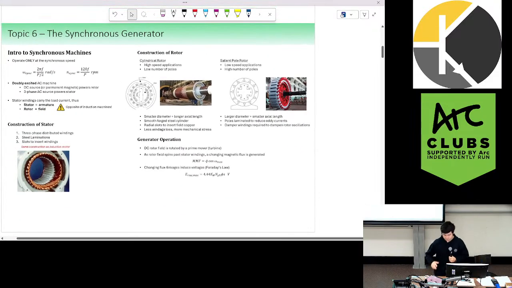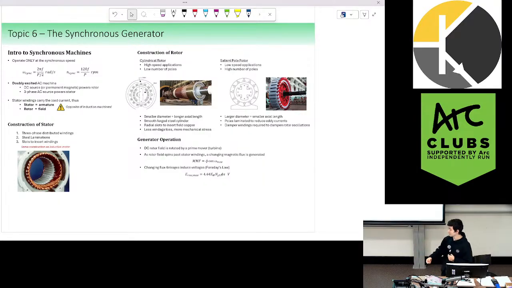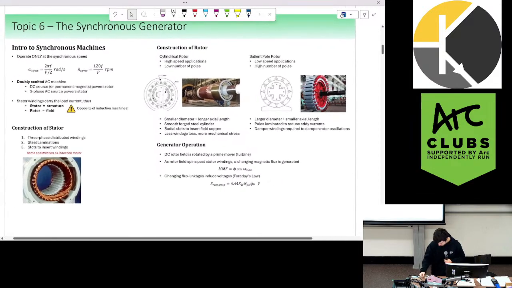We began the topic with synchronous generators simply because I guess it has the fewest finicky bits in it initially. We rotate a DC field in the rotor, which is DC excited. That rotates and generates AC oscillating fields in the stator. That's the general operation.